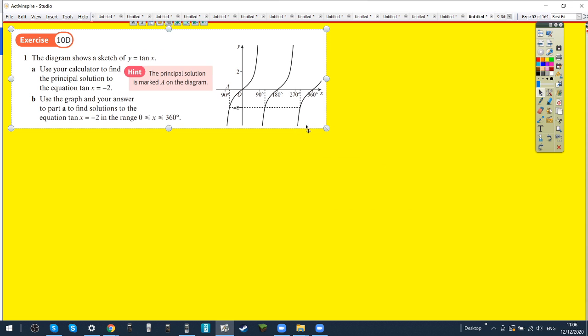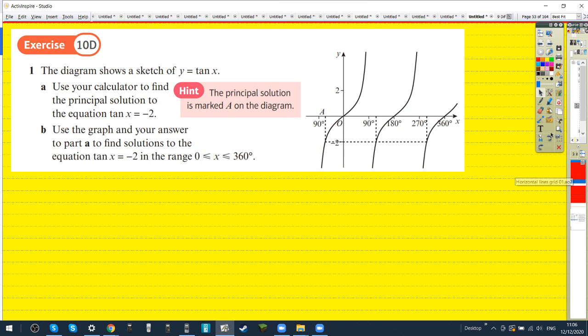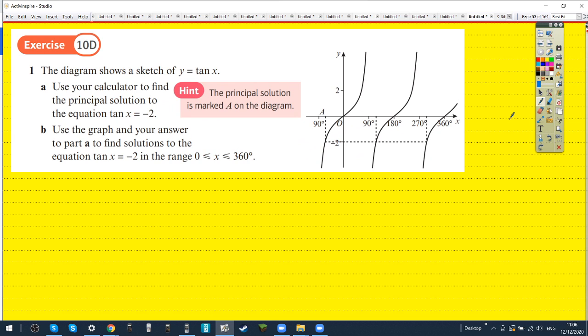Let's see. How do we do part A? I put it into the calculator, it gave me minus 63.434. And so x equals minus 63.4.